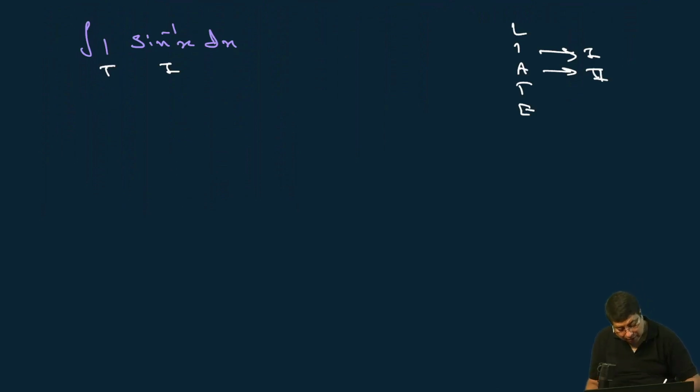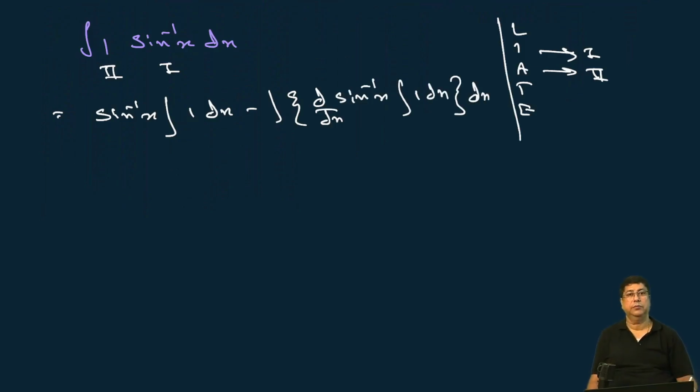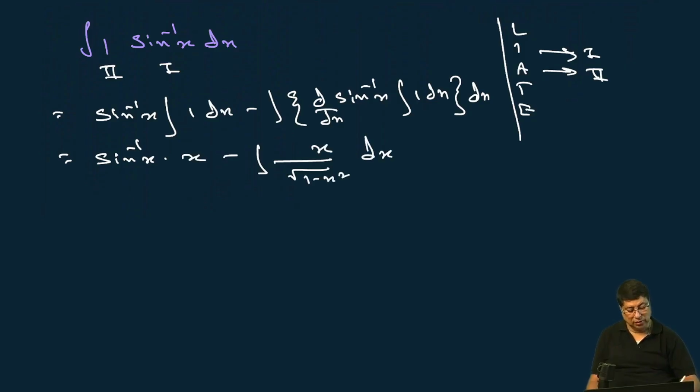Therefore I can say here, u v, integration of 1 minus integration of the derivative of sin inverse x times integration of 1, on total result, once more integration. Now integration of dx is x, therefore sin inverse x into x minus integration of the derivative of sin inverse x, which we know is 1 by root over 1 minus x square, into x.